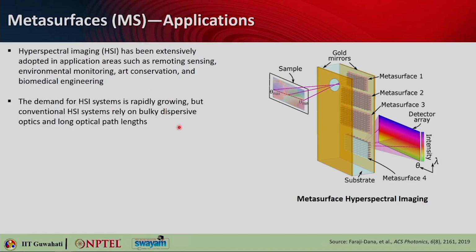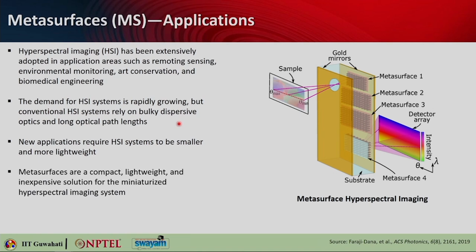The demand for hyperspectral imaging is rapidly growing, but conventional hyperspectral imaging systems are bulky, they are based on dispersive optics and they require long optical path lengths. So overall the device is bulky. The new applications demand this hyperspectral imaging system to be really compact and lightweight, and this is where meta surfaces come into the picture.